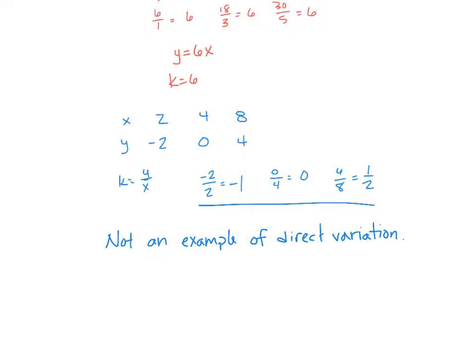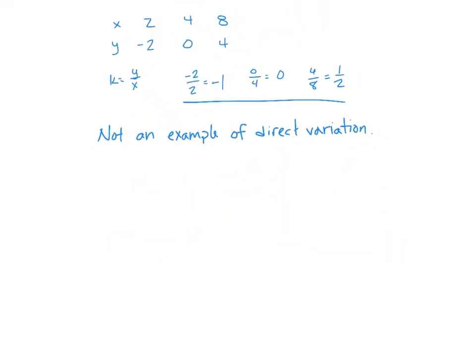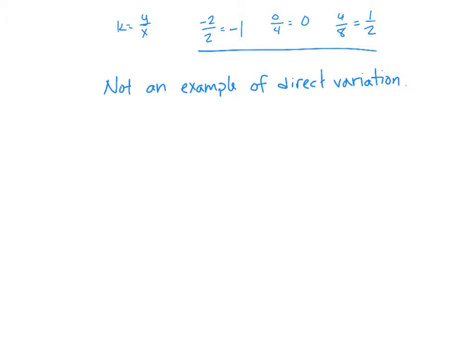Okay, so next, if you ever follow along in your book, we're on page 262. The value of y varies directly with x, and y equals 6 when x equals 12. So anyways, y varies directly with x.